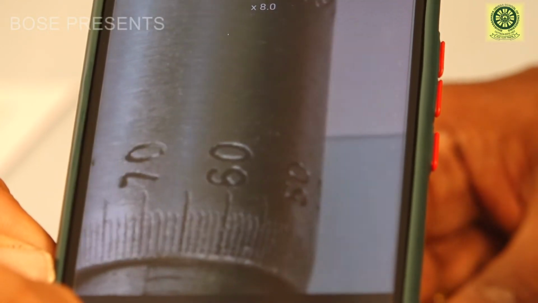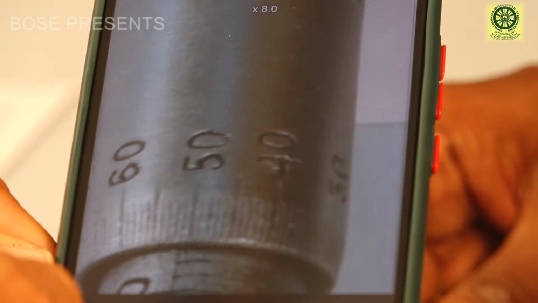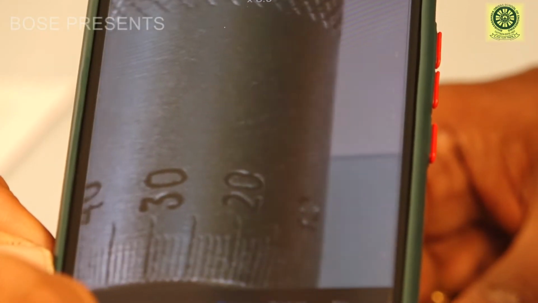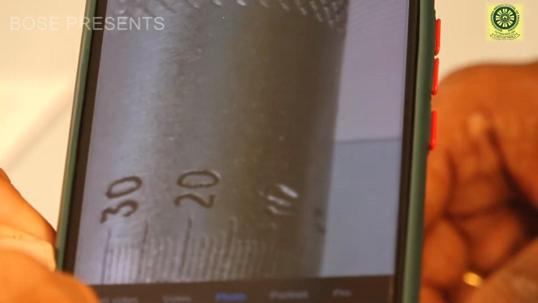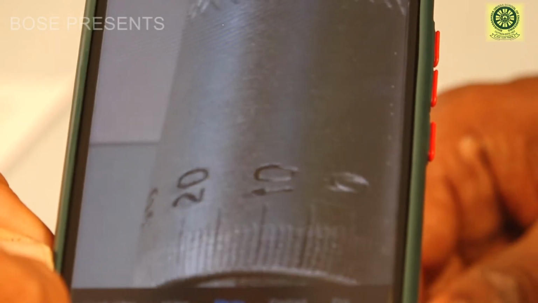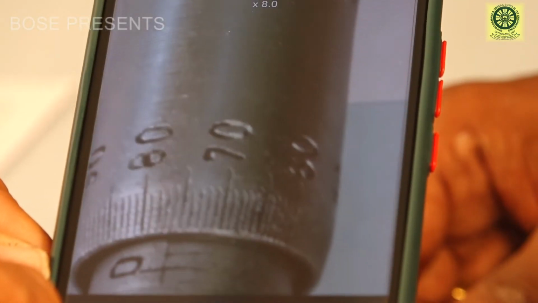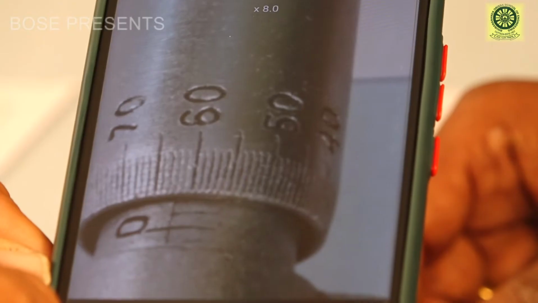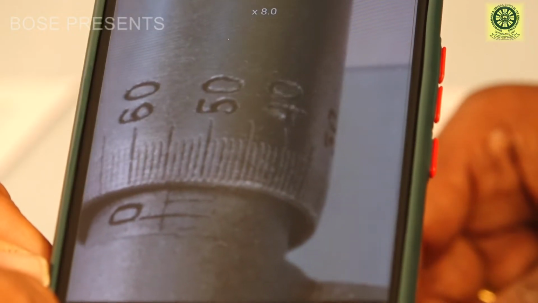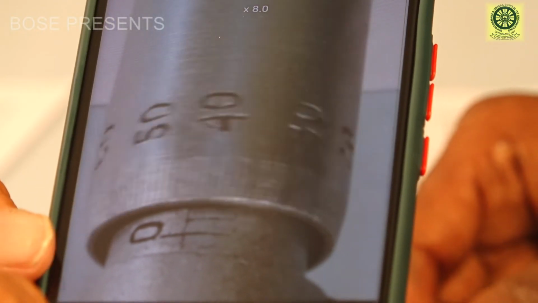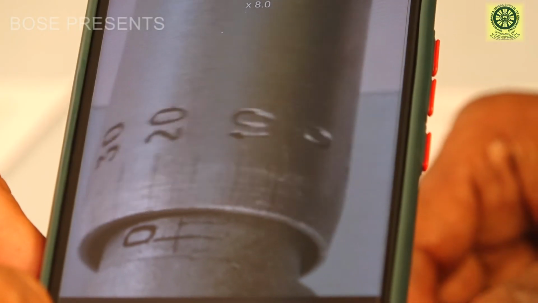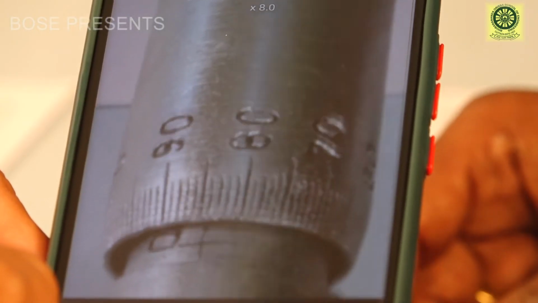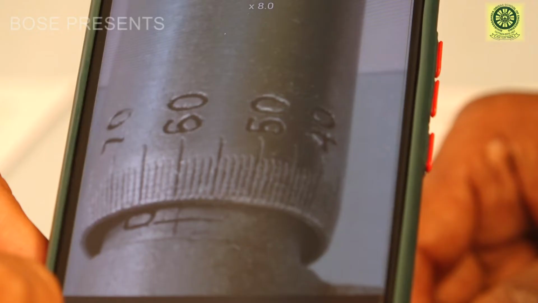This is one complete rotation. This is another complete rotation of the circular scale, two rotations. And this is again, 3 rotations.